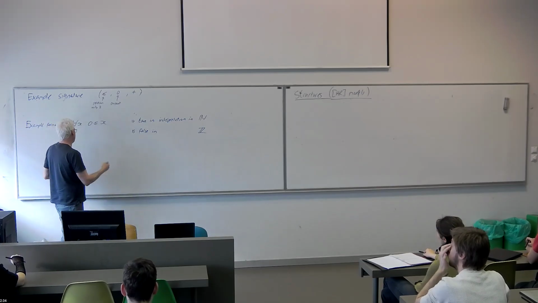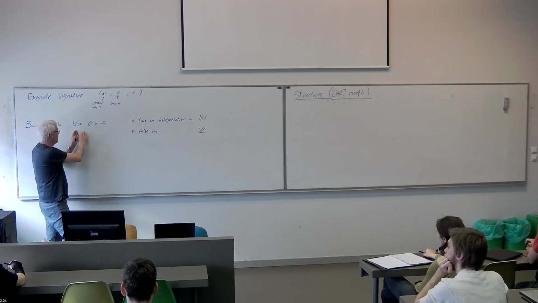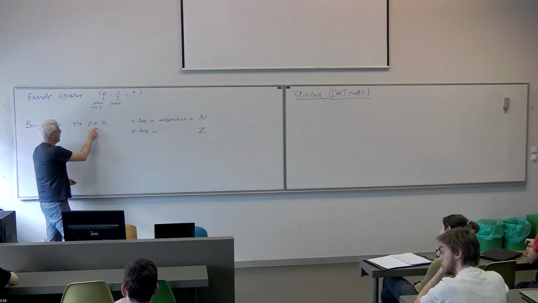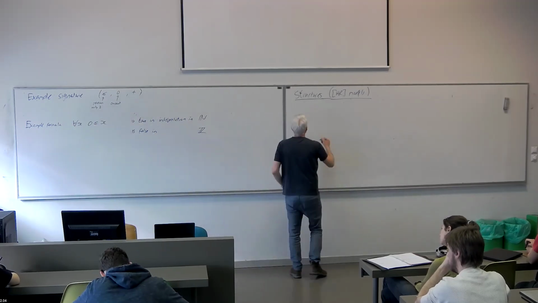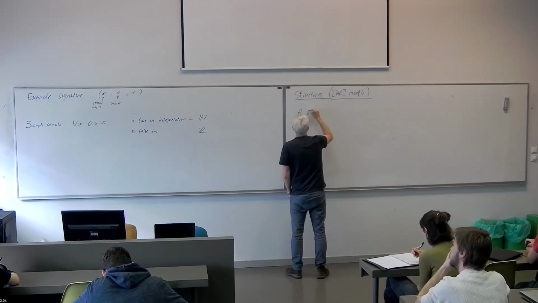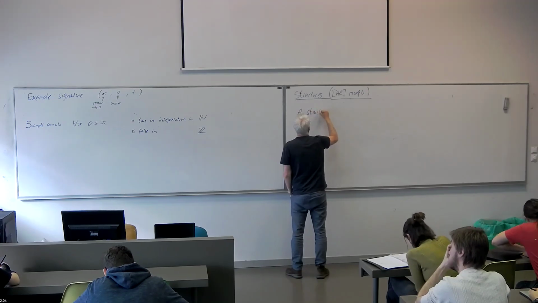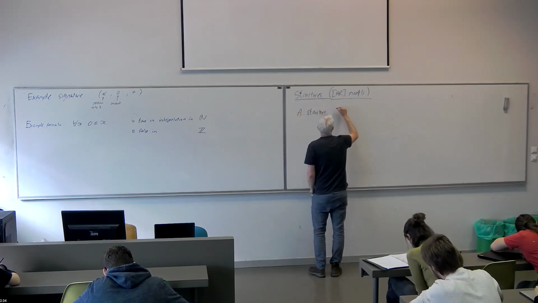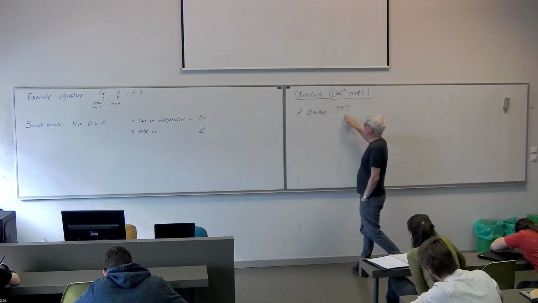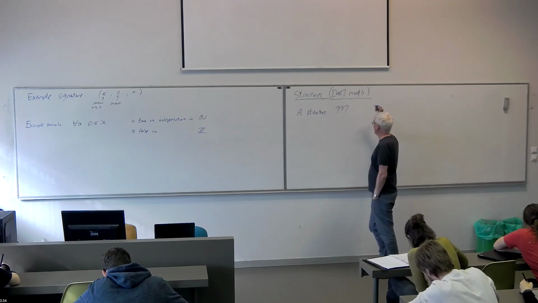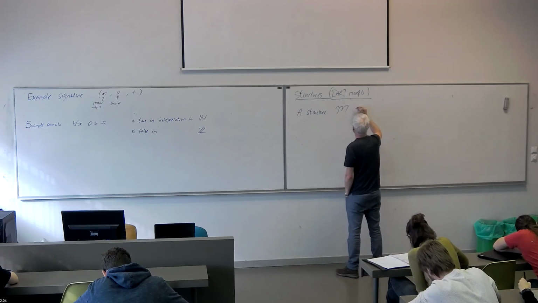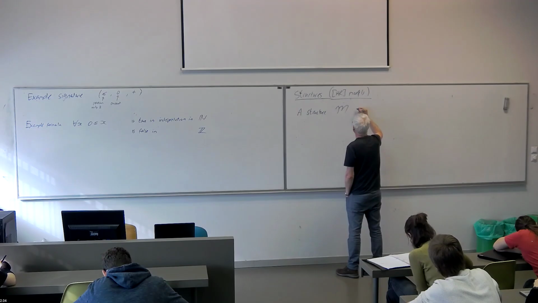So the structure gives us the domain of quantification of the universal and existential quantifier. And we also need to say what the symbols mean. So typically one writes a curly M for structures. So M stands for model here. Often use a curly symbol for the structure.